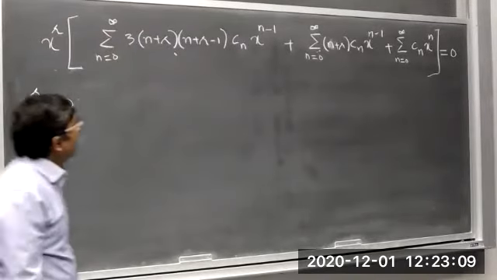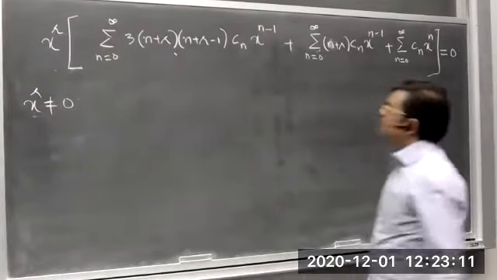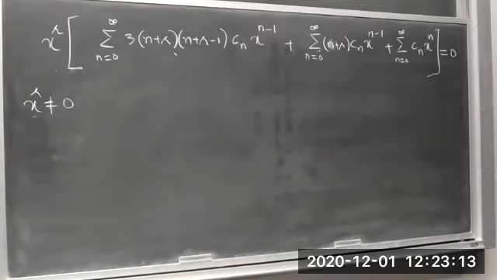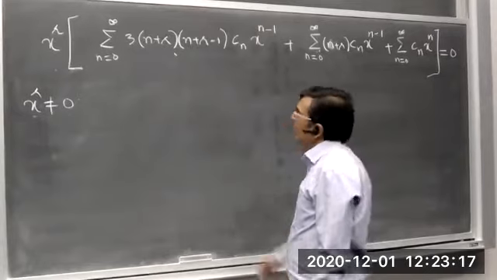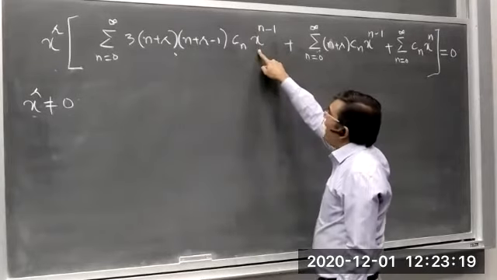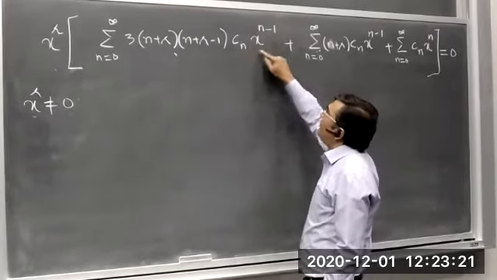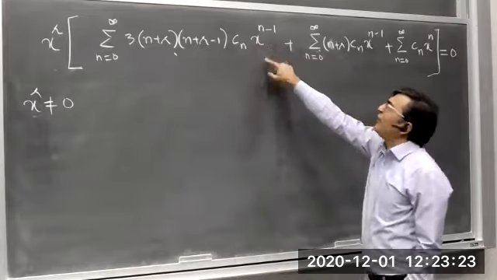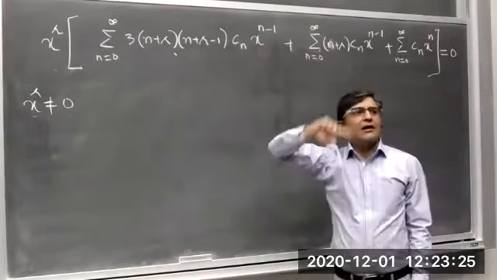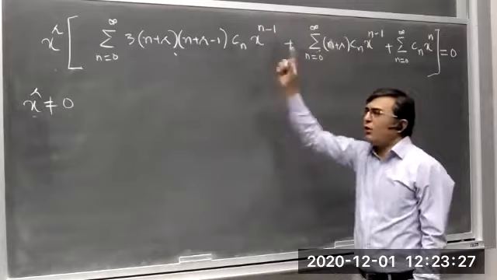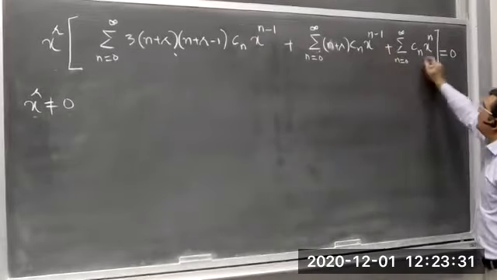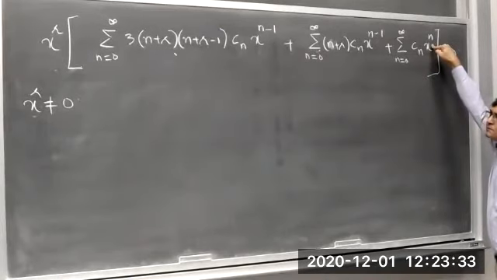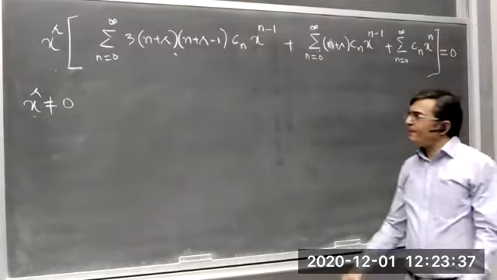Now, what we used to do in the power series method, we do the same. We try to make the exponents of x equal so that we can take them outside common from all the series. We have x power n minus 1, we have x power n.